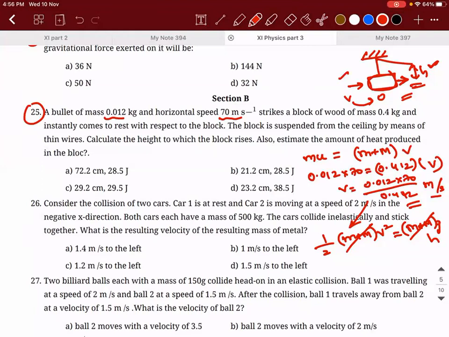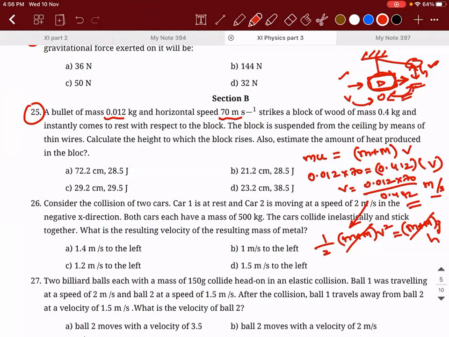Sir, why are the potential energy and kinetic energy equal? Because once the bullet has got embedded into this block, it is the system's kinetic energy that is getting converted to the system's potential energy. So after the bullet has gone into the block and started to move, is there any energy loss taking place?